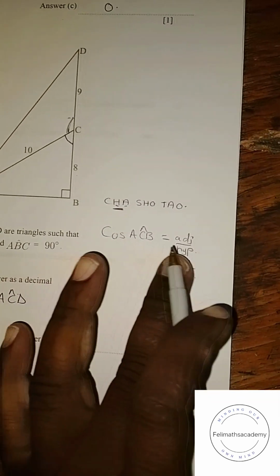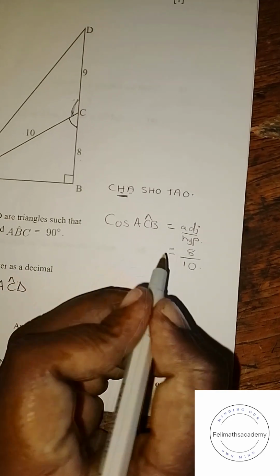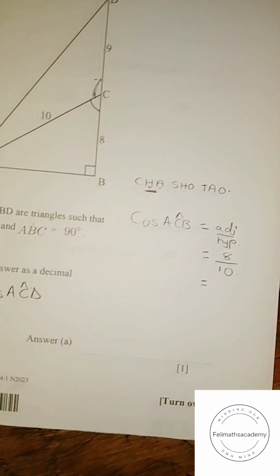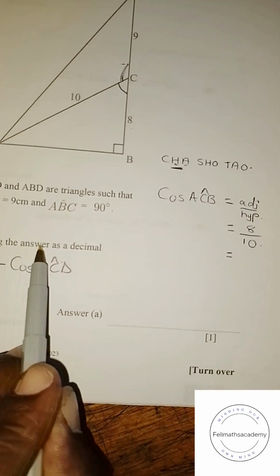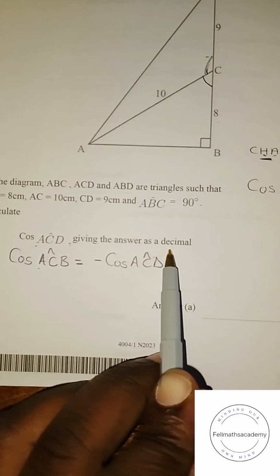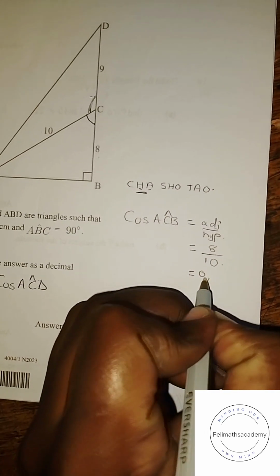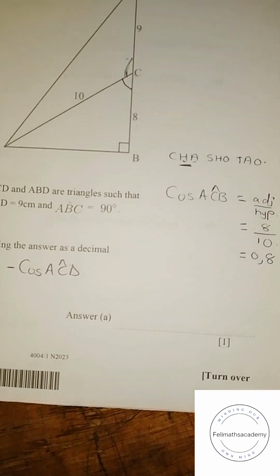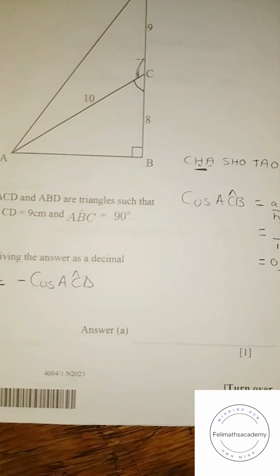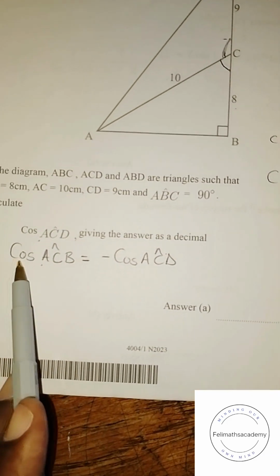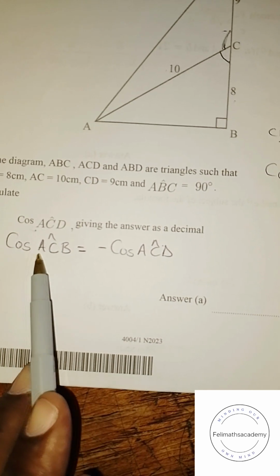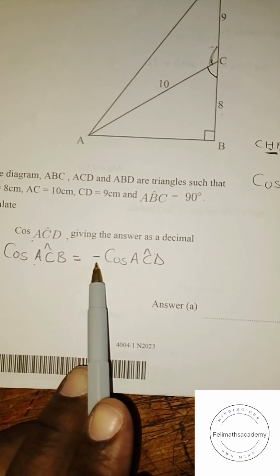So that's our cos ACB. The question requires us to give our answer as a decimal. So 8 over 10 becomes 0.8.